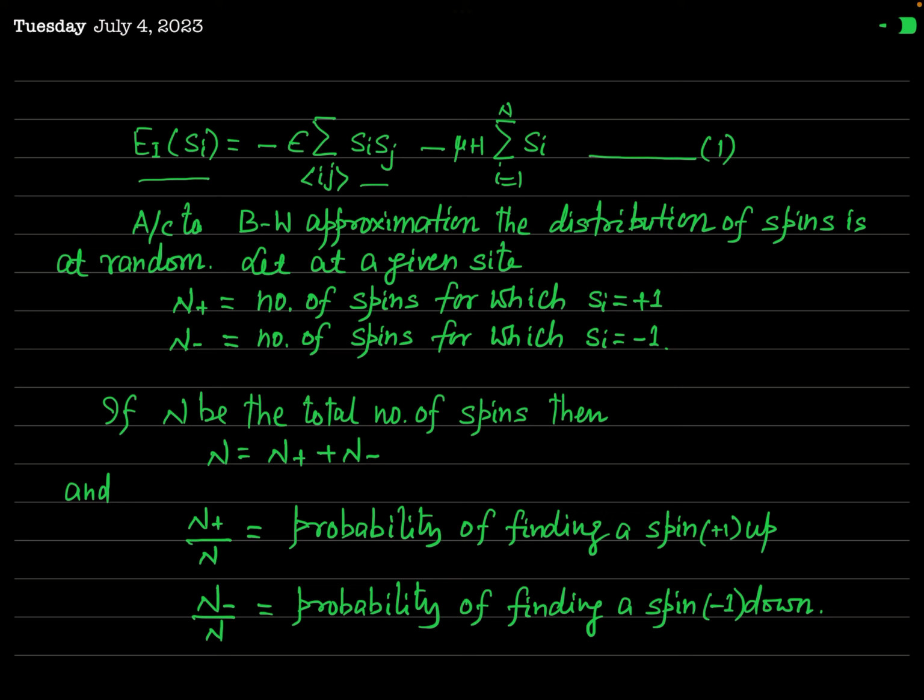Here this S_i and S_j are the spin variables. Okay. And when you consider this ij inside an angular bracket, then you know that this symbol refers that we consider the nearest neighbor always in pair of spins. So this angular bracket has been used here. Okay.